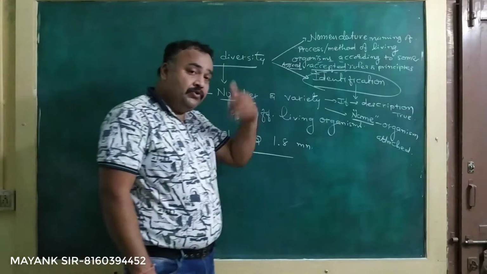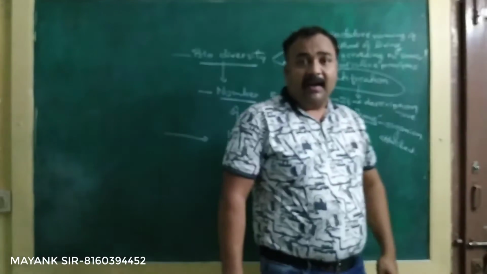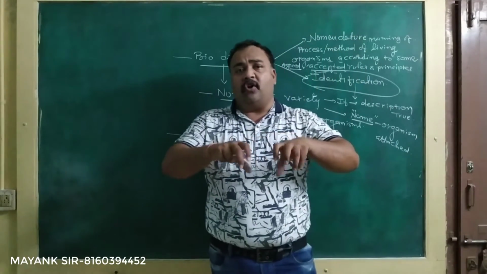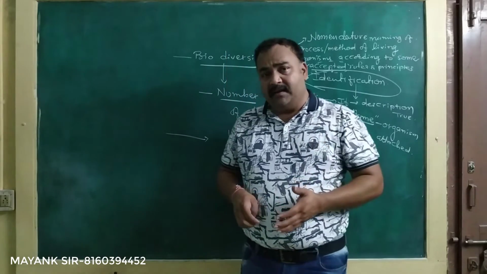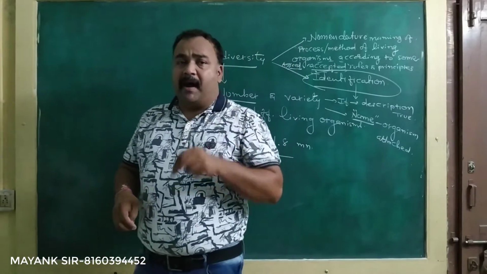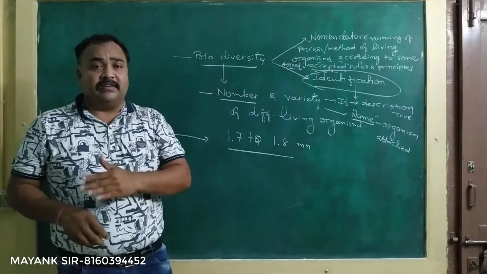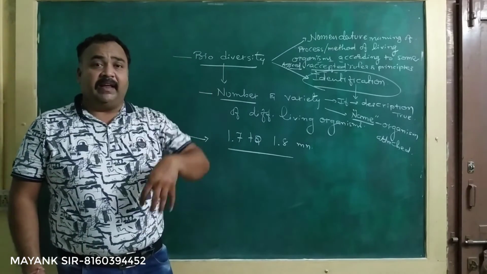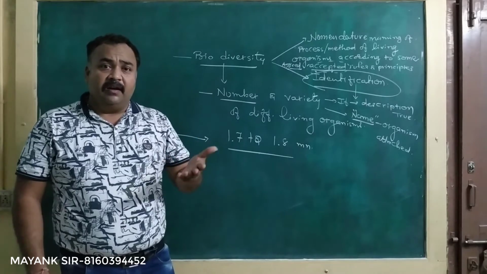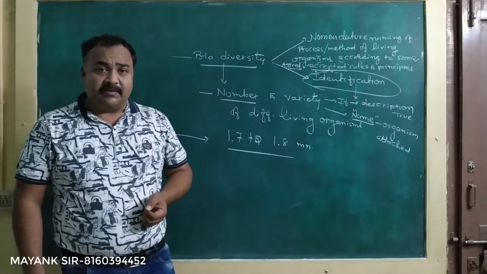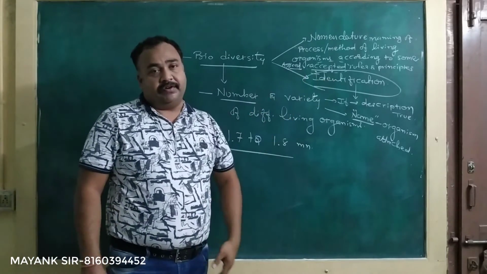If someone comes to us and says that I have seen a black, long, slender structure, a living organism which has a bifid tongue, it can be poisonous or non-poisonous, what will come in our mind? A snake or a reptile or cobra. Yes, that is called identification.